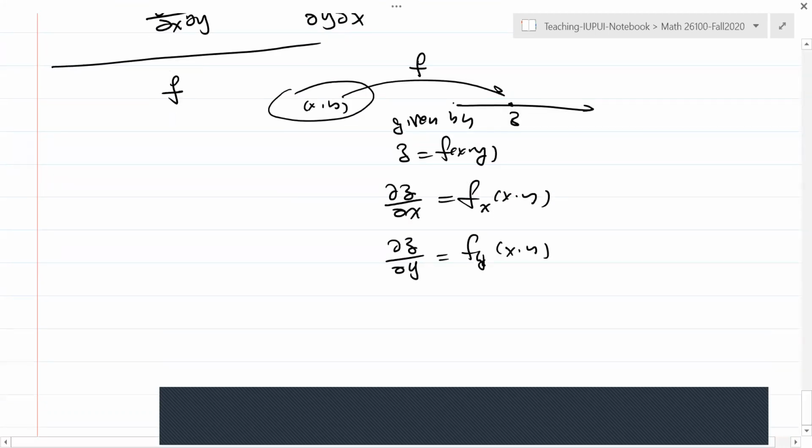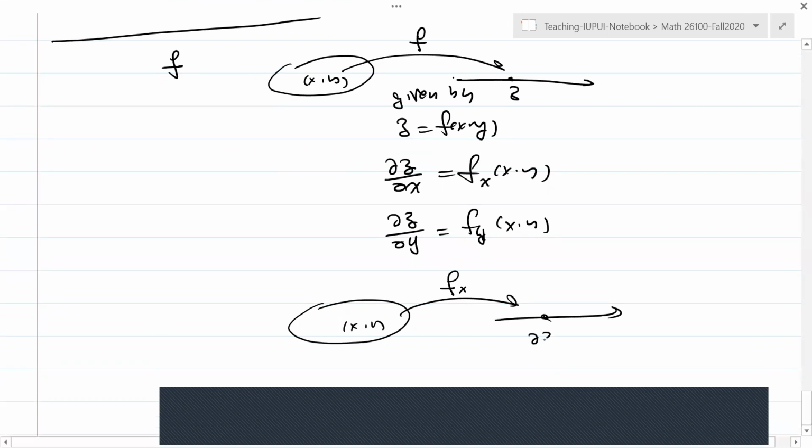In other words, you are going to get the same domain maybe. Here's the point x, y, and here is going to be f sub x, and this is a line. Now, the image of this map is going to be the notation partial z, partial x.